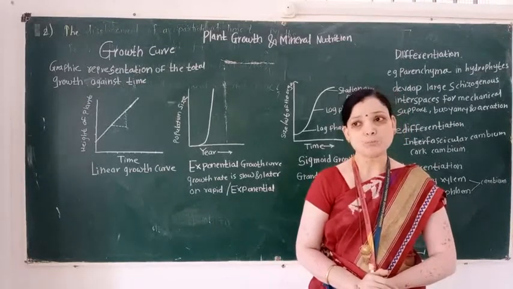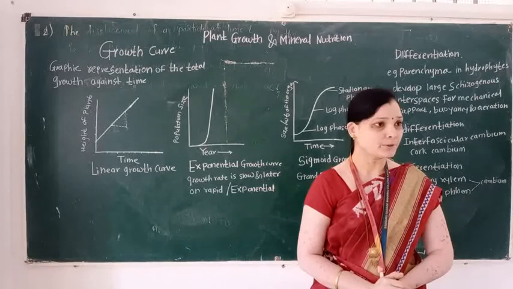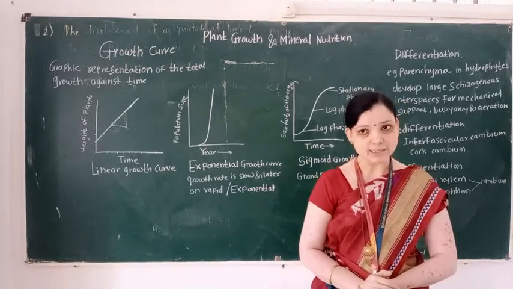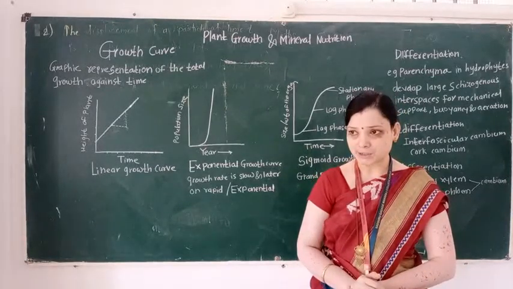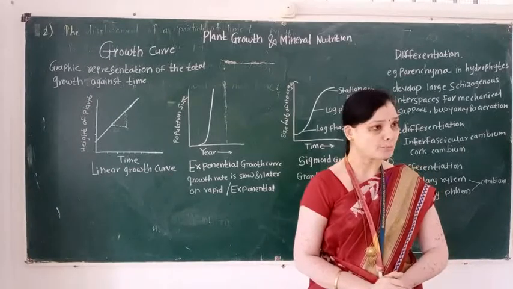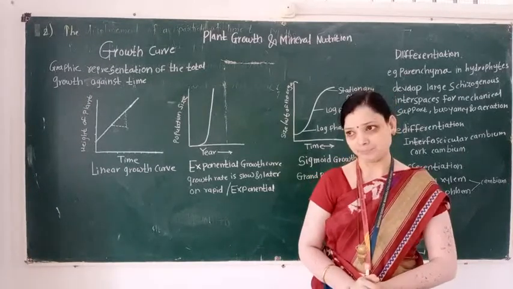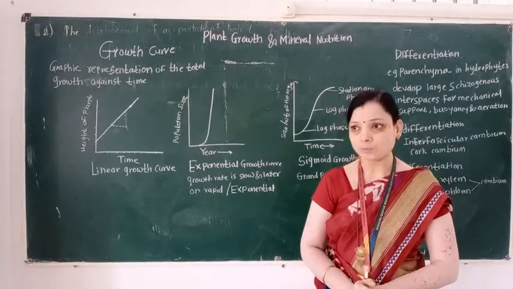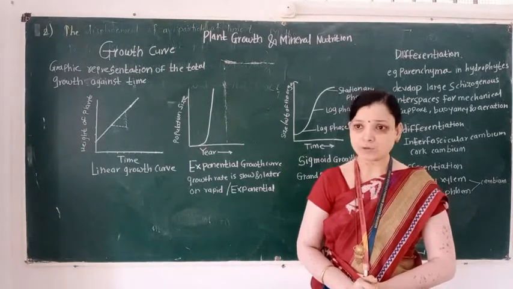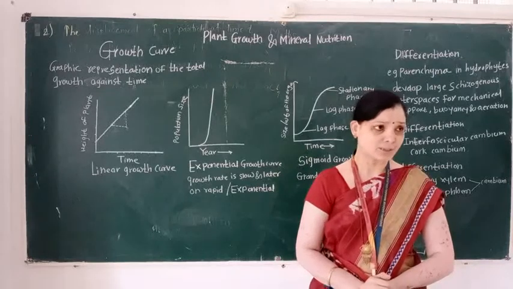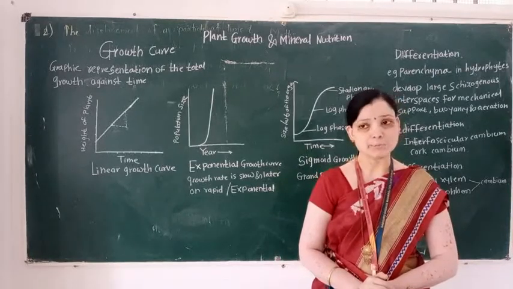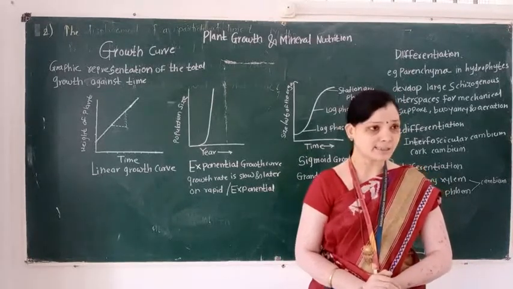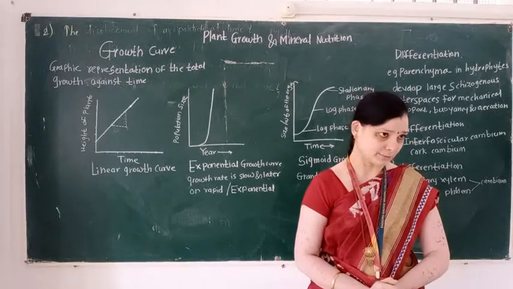In geometric growth, when a meristematic cell undergoes cell division, two daughter cells are formed, but both daughter cells undergo differentiation or maturation. These are the two types of growth seen in the previous lecture.